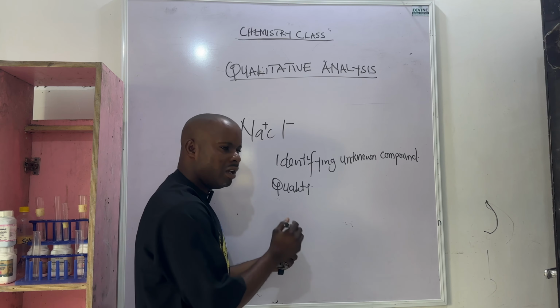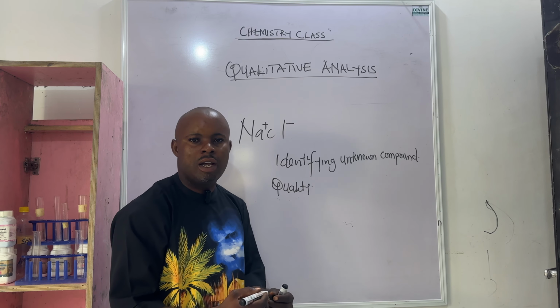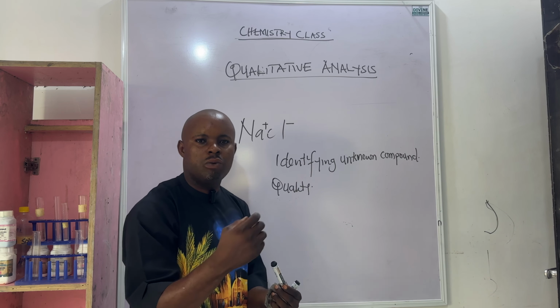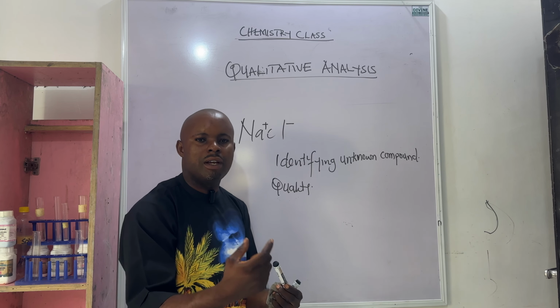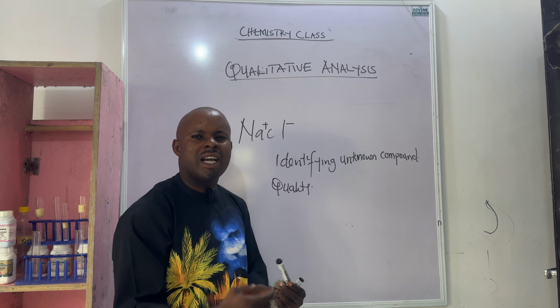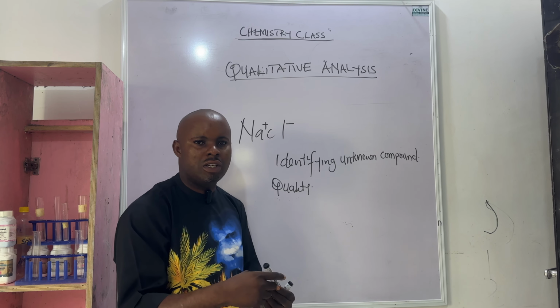What we mean by quality is this: if we want to know the quality of any substance, let's say our sachet water or our bread, under the label you notice that they wrote different constituents. They have chlorine, they have sodium chloride present, this one is present. They are telling you the amount in which those substances appear in such compounds.